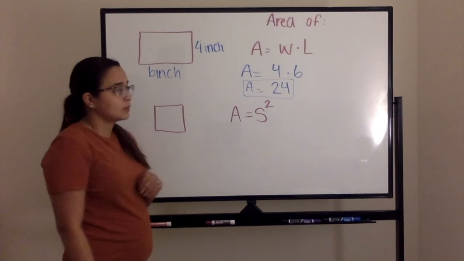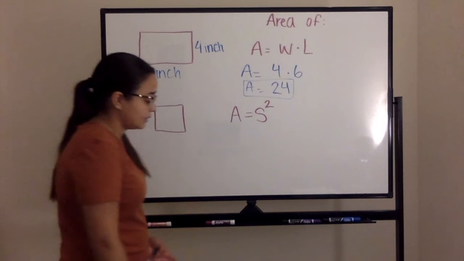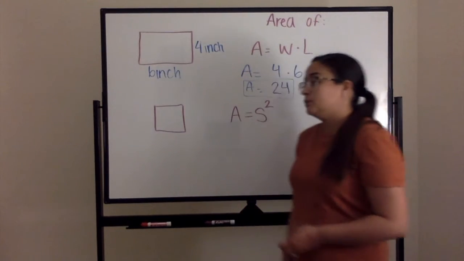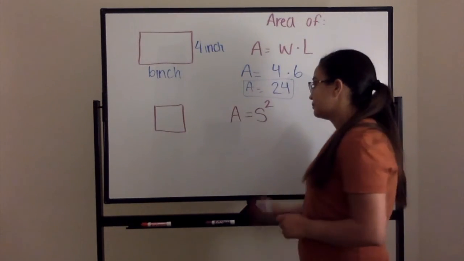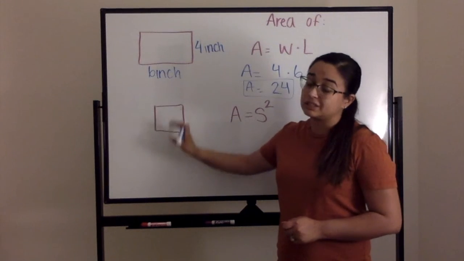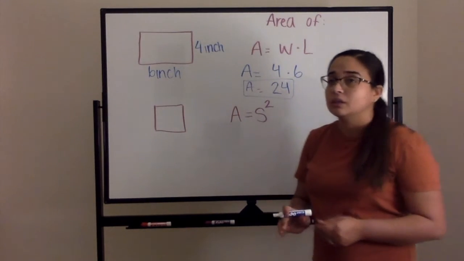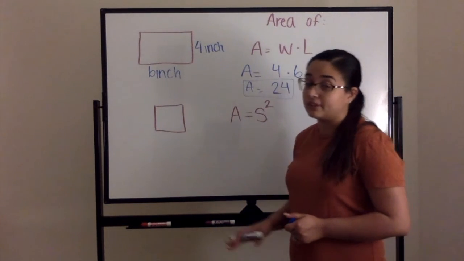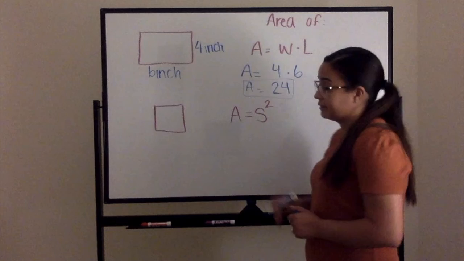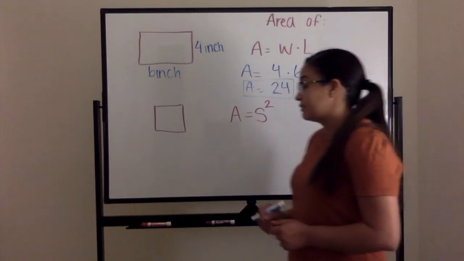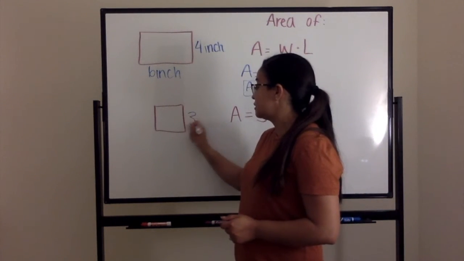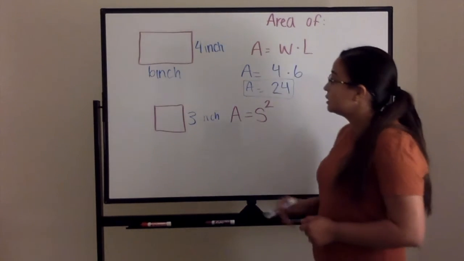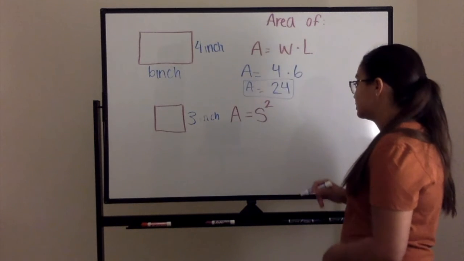Now, for the square, like I said, for any square, all four sides are equal. So it's a little simpler. Since all four sides are equal, we just need to know the size of one side, and then we can figure out the area. Now let's say for this one, my sides are 3 inches.